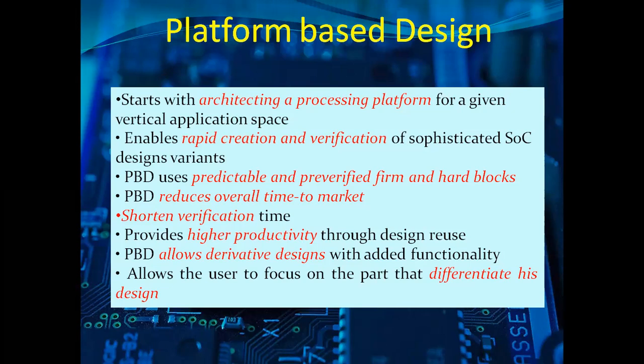To briefly go through the characteristics of this strategy, it starts with architecting a processing platform for a given vertical application space. This means the architecture on which my system is built, or on which my application grows in the vertical upwards direction, is the framework that is reused.